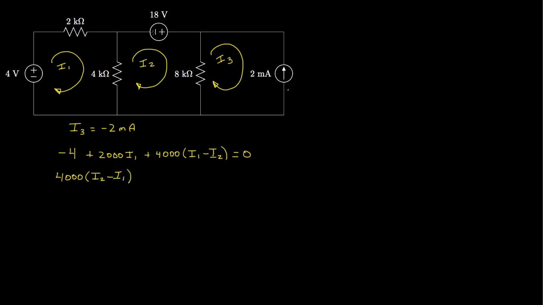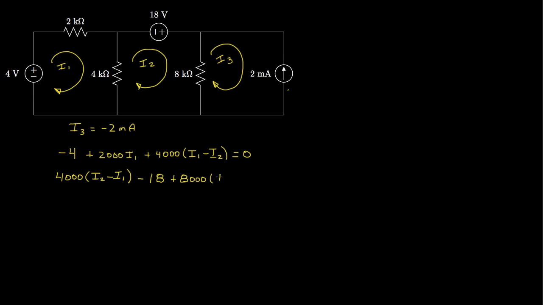And then we encounter on the negative side this 18 volt source, so we'll subtract 18. And then we'll have a drop across this resistor, which would be 8,000 ohms times, well, the current flowing in this direction is I2 minus I3.